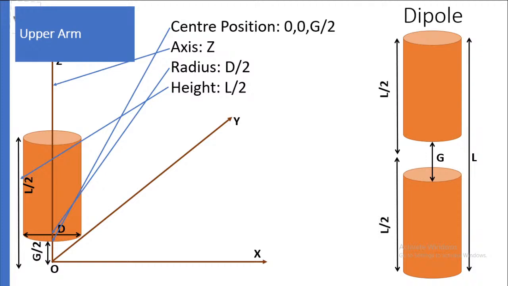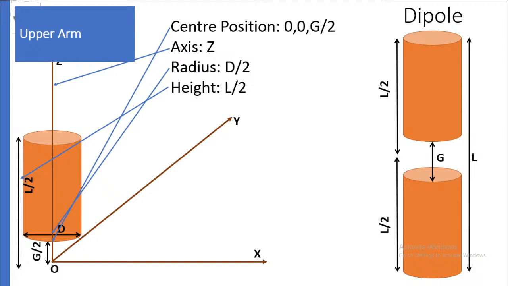The antenna is oriented along the Z axis. The upper arm extends from a distance of G by 2 in the upward direction. Similarly, the lower arm extends from a distance of minus G by 2 in the negative Z direction. So this is the antenna structure that we will build in HFSS.